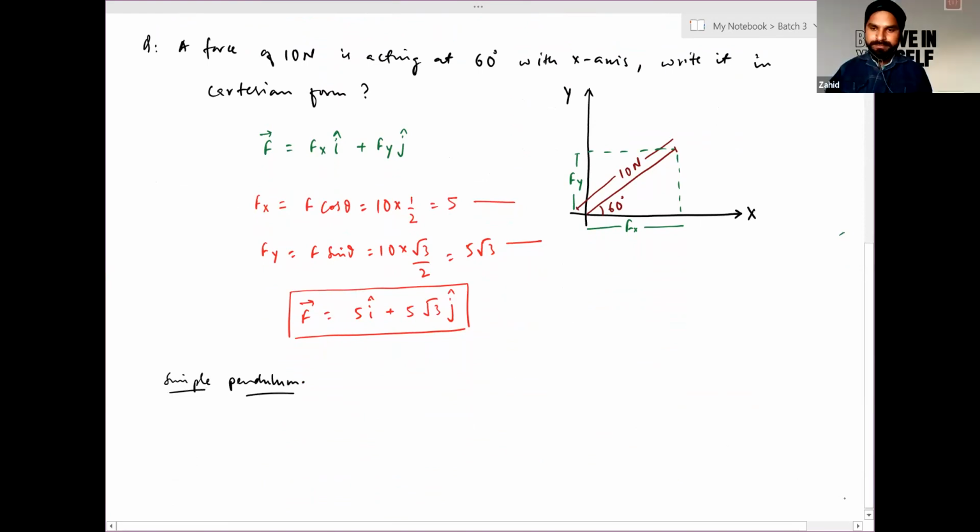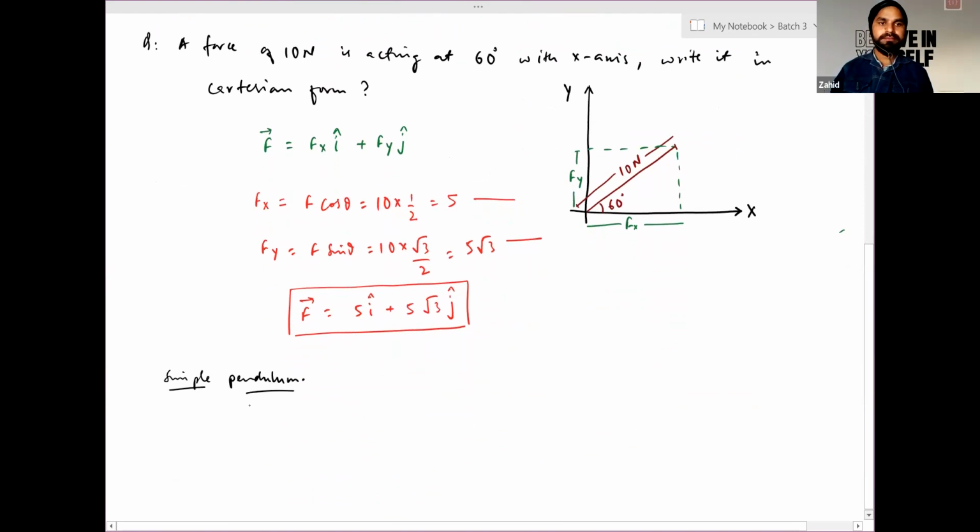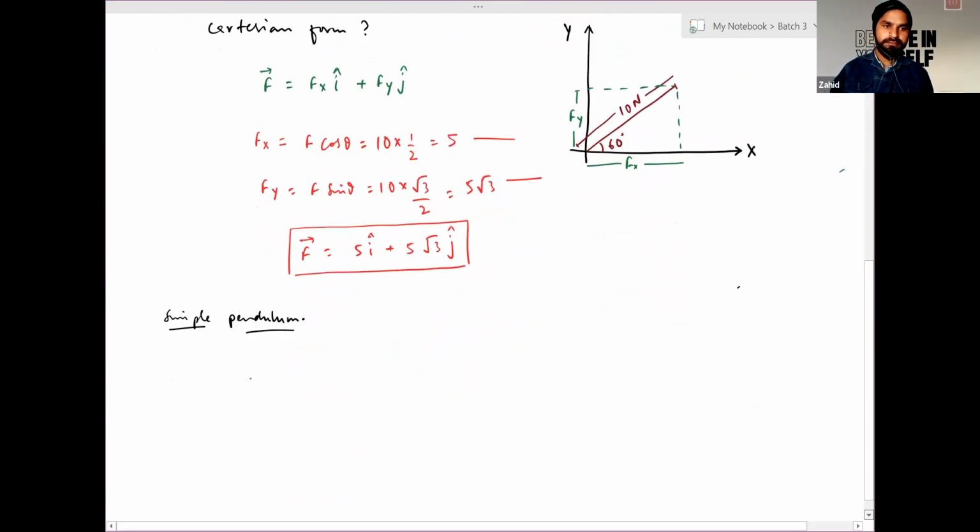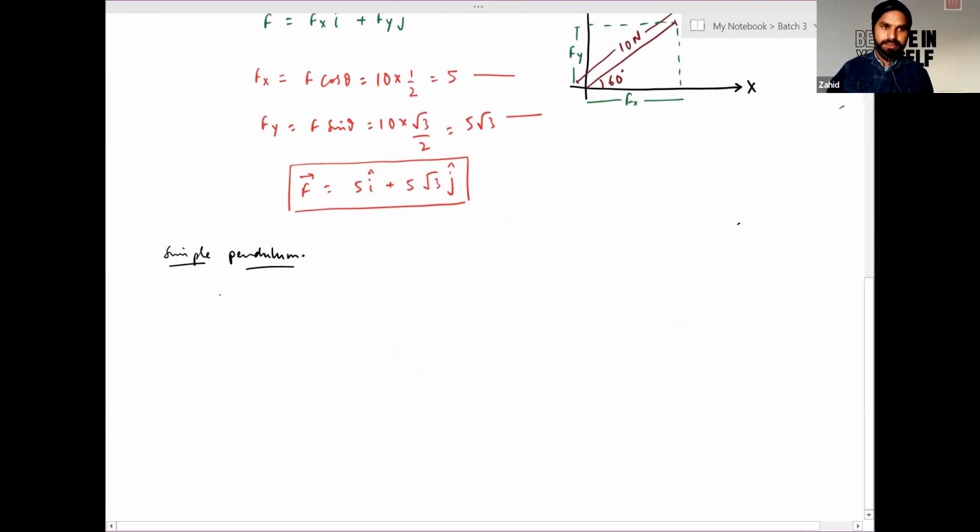Simple pendulum. Suppose there is a support from which a bob is hanged by a string, let's say at some inclination theta with the vertical.